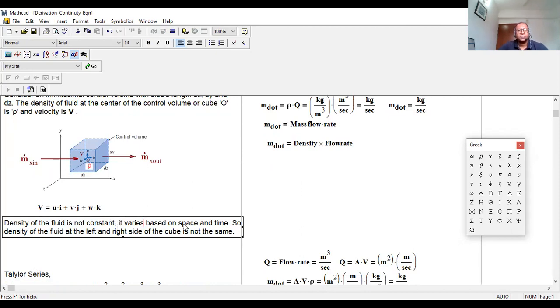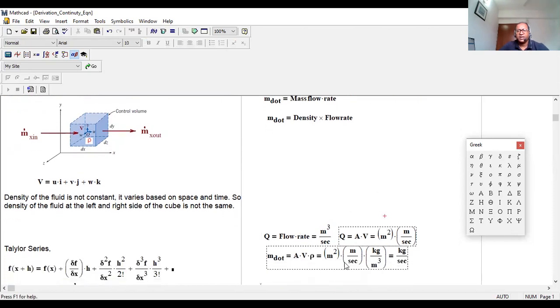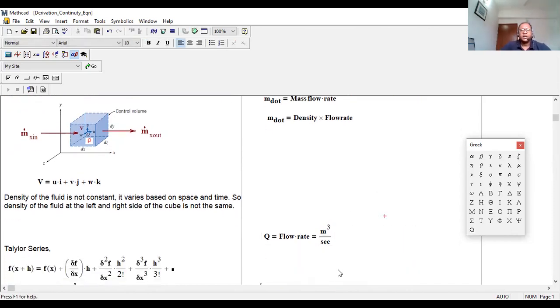It varies based on space and time. What is space? With respect to distance x, y, and z. So the density of the fluid on the left and right sides of the cube is not the same. So we need to figure out the density at the left side and right side. Why? Because I need to figure out m dot.